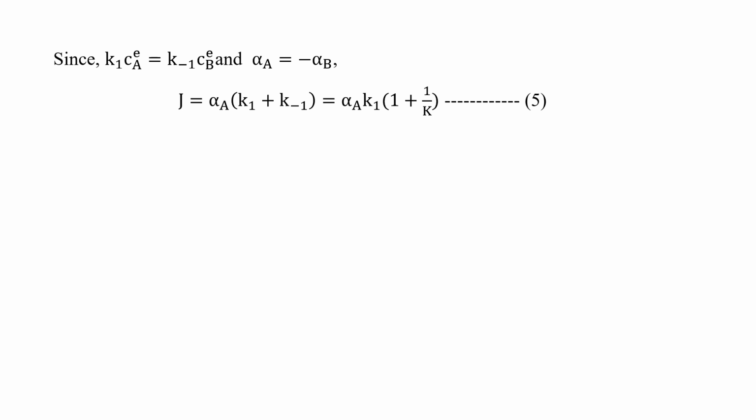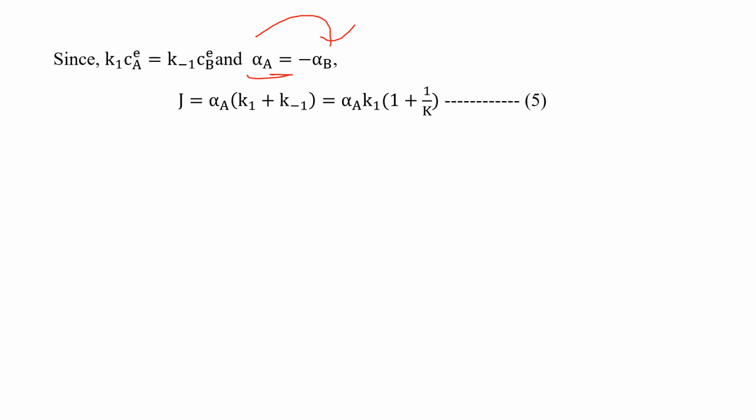So we already know that K1 Cae is equal to K minus 1 Cbe at equilibrium. So the rate of the forward reaction will be equal to the rate of the backward reaction, and also we can see that the amount of A which is remaining will be usually equal to minus the amount of B remaining.